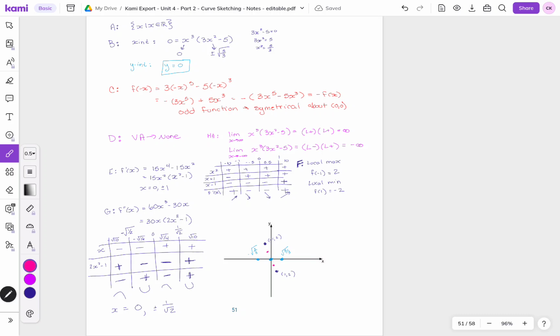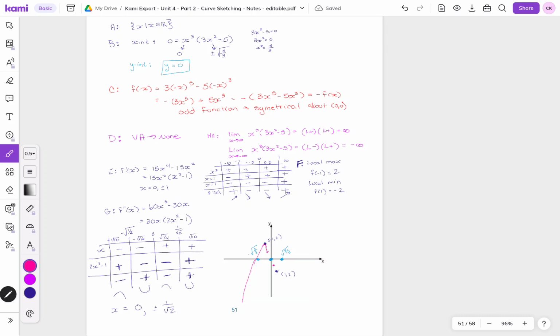Alright, so I am increasing until I hit negative 1, and I am concave down until that point. So I'm concave down, and I'm increasing to that point. So concave down, and I'm through my x-intercept, reaching that point. Still concave down.